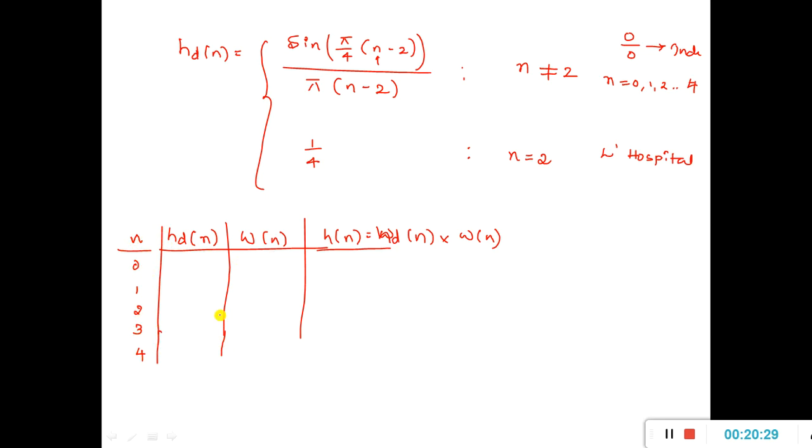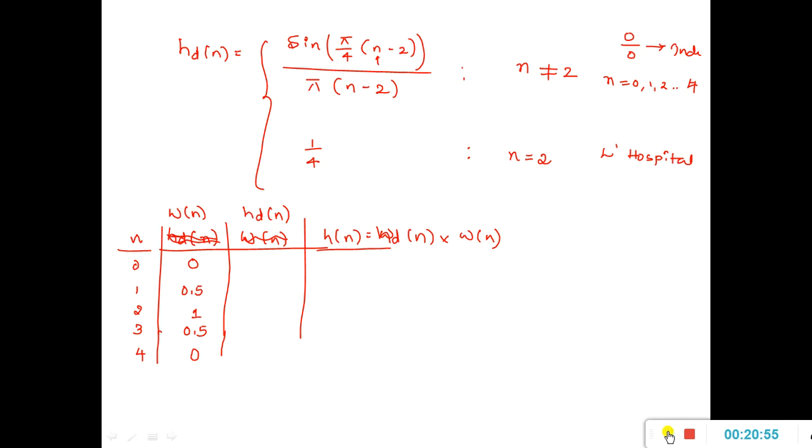So let me write this for your convenience. wn we already calculated, and hd of n we are supposed to calculate. For wn we got 0, 0.5, 1, 0.5, 0, if you remember properly.